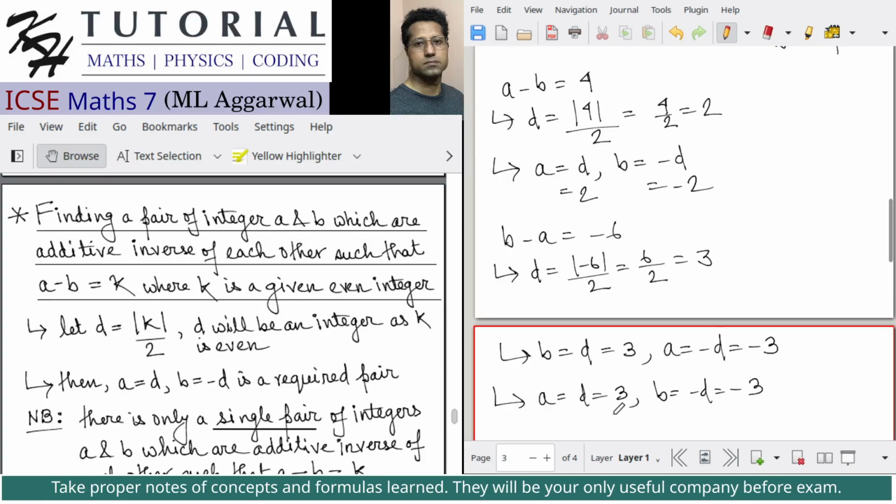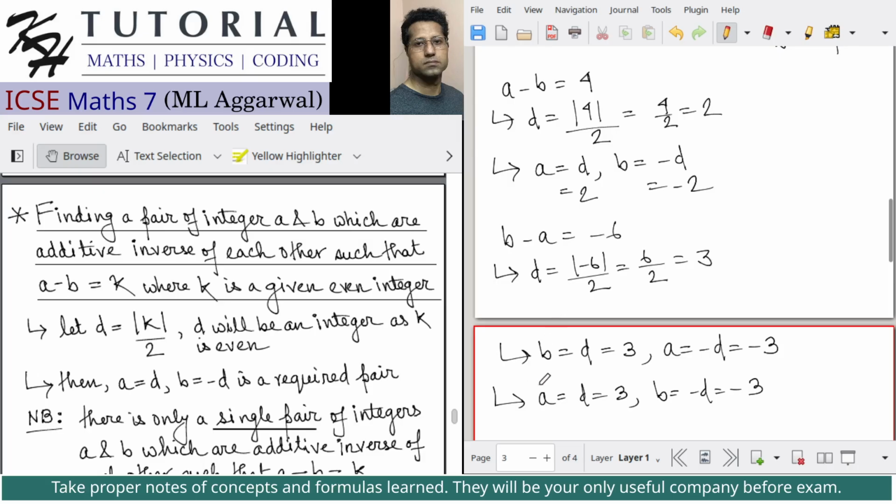a will always be d, and b will always be minus d. So irrespective of whether it is given a minus b is equal to k or b minus a is equal to k, you first find d, which is the absolute value of k divided by 2, which in this problem is 3, where it is given that b minus a is equal to minus 6, k is minus 6, so d is 3.